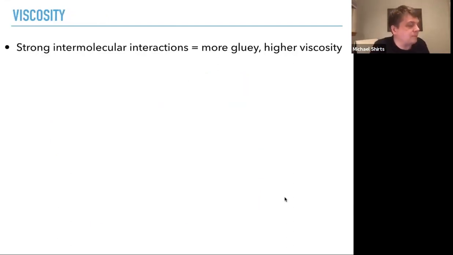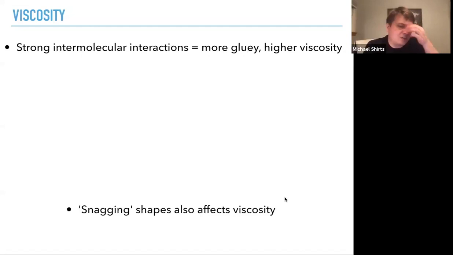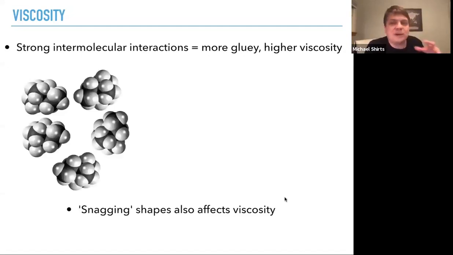Okay, and for viscosity, remember viscosity has to do with the thickness of a fluid, how hard it is to stir. Stronger intermolecular interactions will mean more viscosity. It's more gluey. They like to stick to each other more. It's harder to move them around. There are a few other factors that affect viscosity, like shapes that can snag each other.